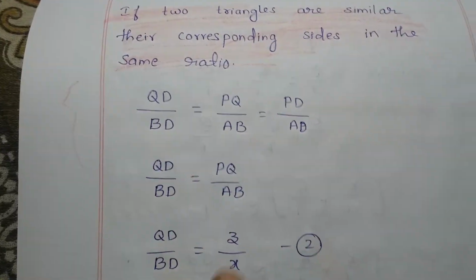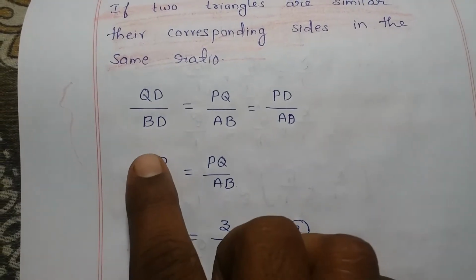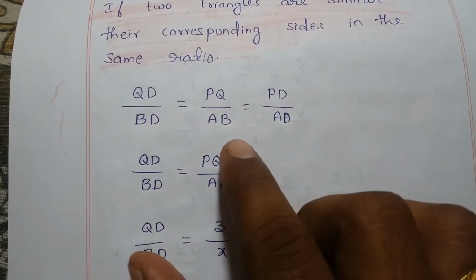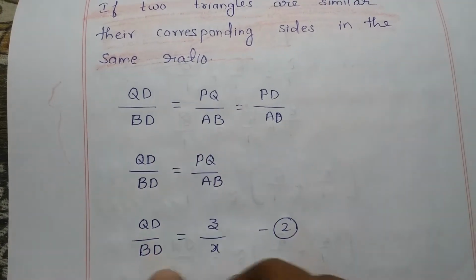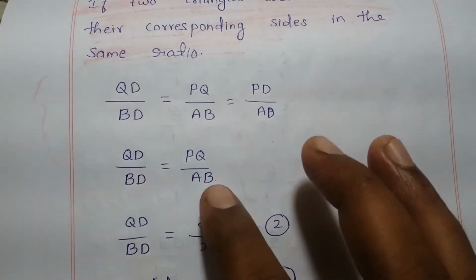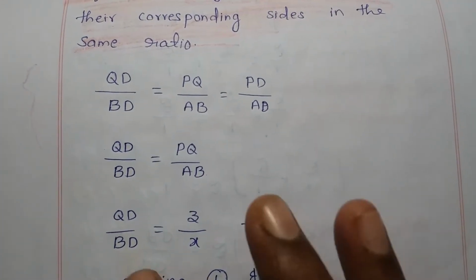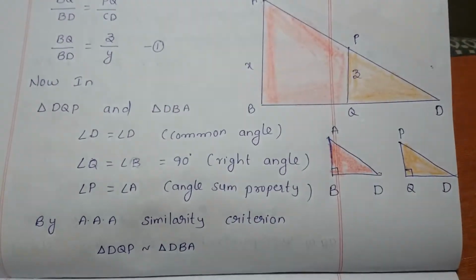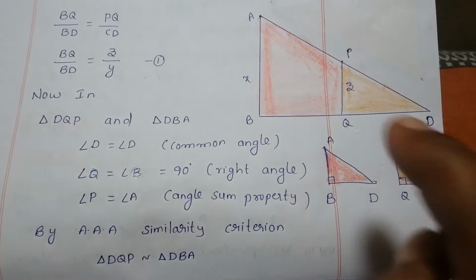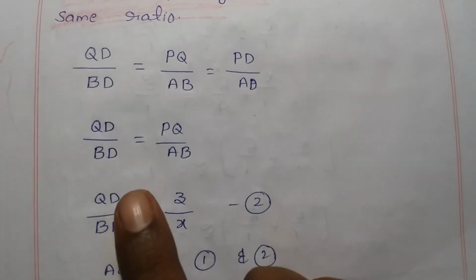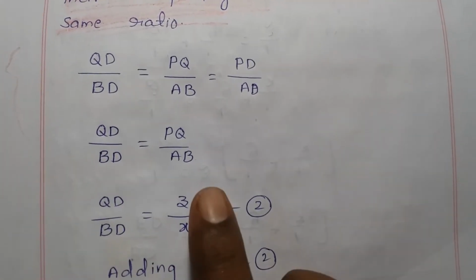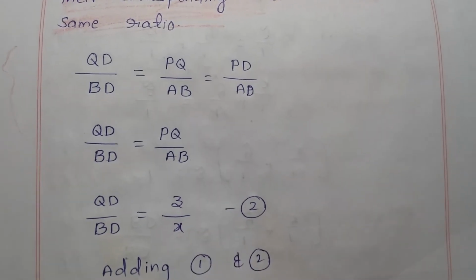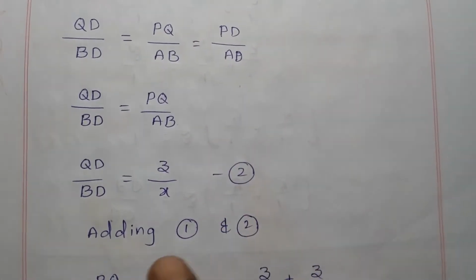Now you take these two, that is QD by BD equal to PQ by AB. Now we substitute the value of PQ and AB. PQ is Z and AB is X. So QD by BD equal to Z by X. So let it be equation number 2.